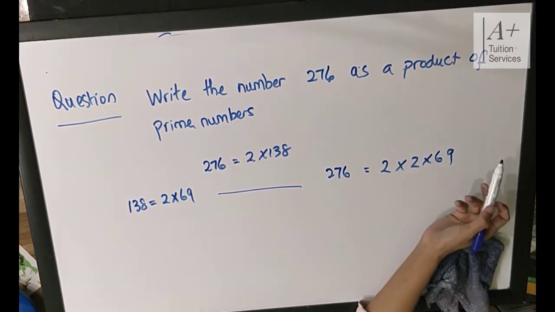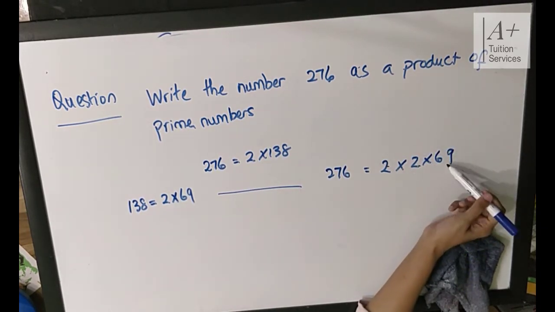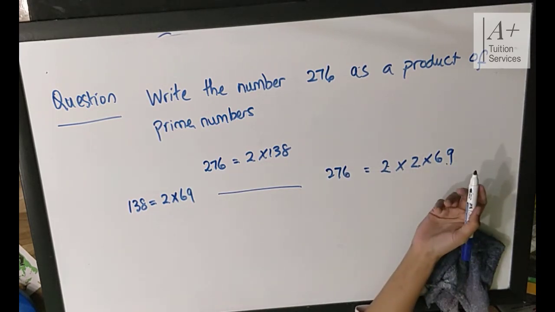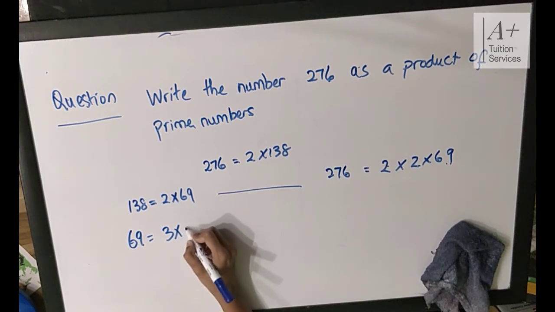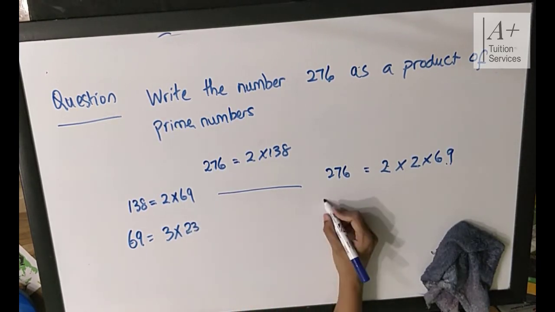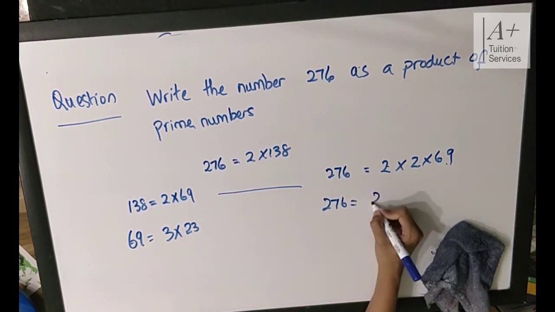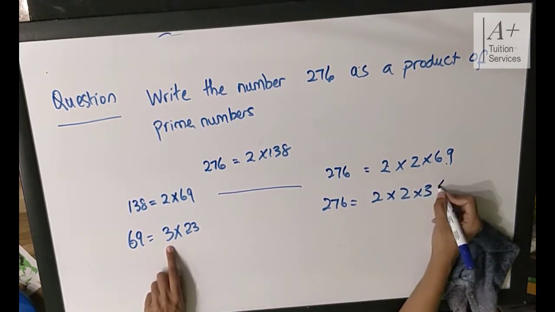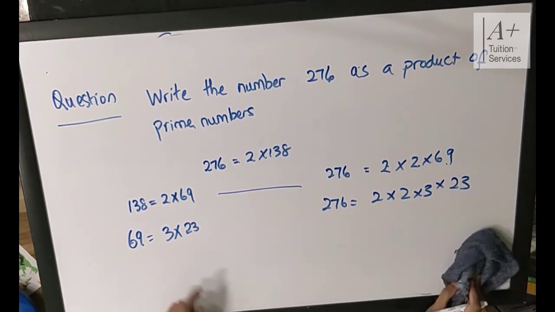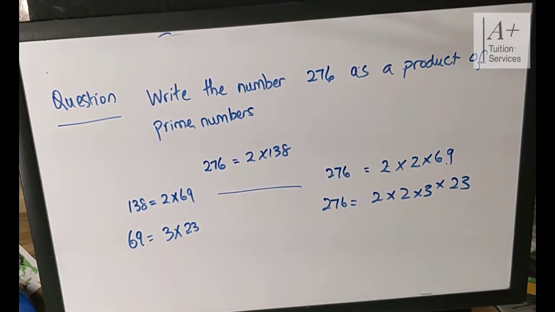Right? 2 multiplied by 2 multiplied by 69 will give us 276. But 69 is equal to 3 multiplied by 23. Therefore, 276 is equal to 2 multiplied by 2 multiplied by 3 multiplied by 23. Okay? So this is how we write the number 276 as a product of prime numbers.